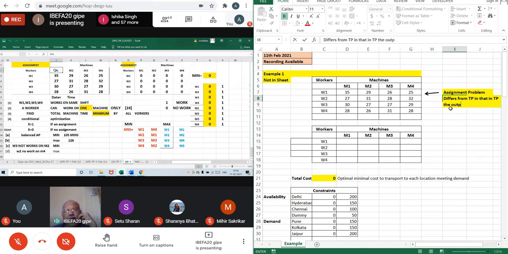So mathematically we say if the worker is assigned to machine 1, then the score is 1. And for other machines, score is 0.